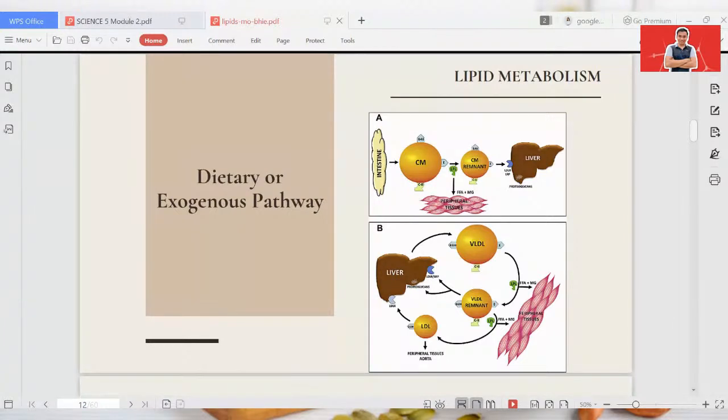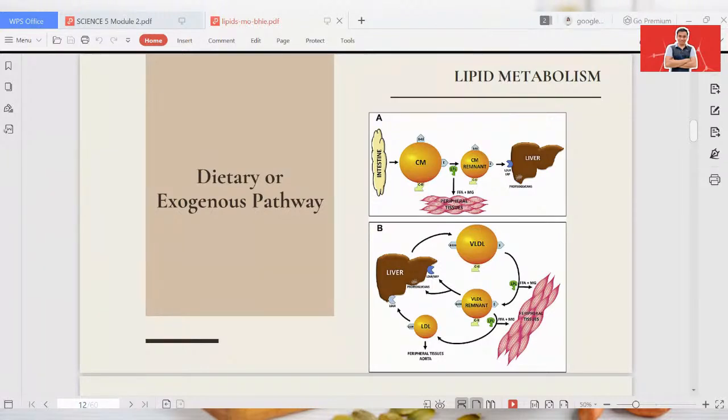And once small molecules na yung fats, yung pancreatic lipase will convert it into free fatty acid, free cholesterol, and glycerol, which can be absorbed by our intestinal cells. And kapag nandoon na siya sa intestinal cells, it will recombine yung mga free fatty acid, free cholesterol, and glycerol again to form triglycerides.